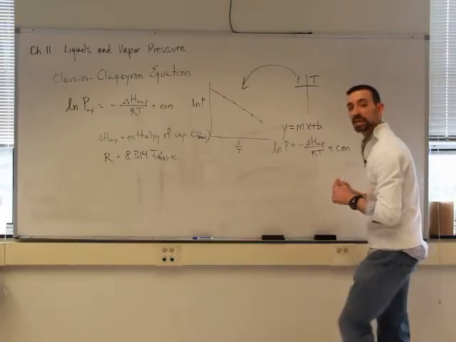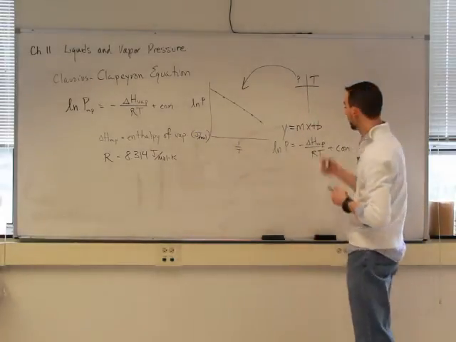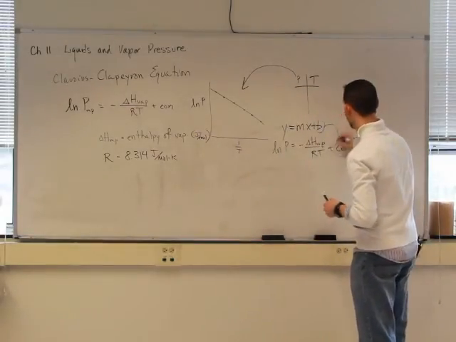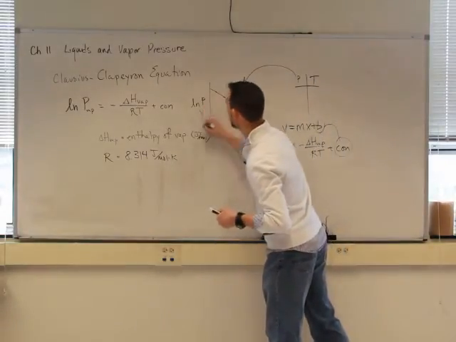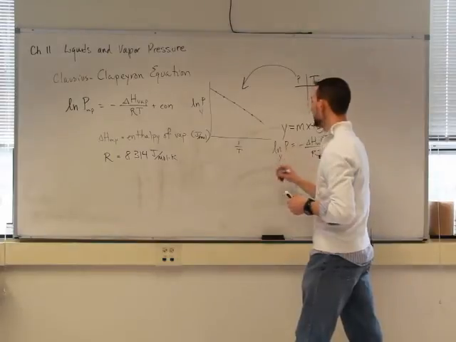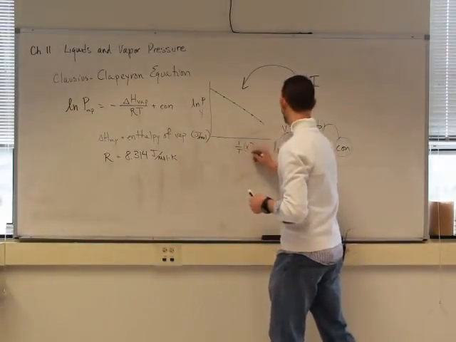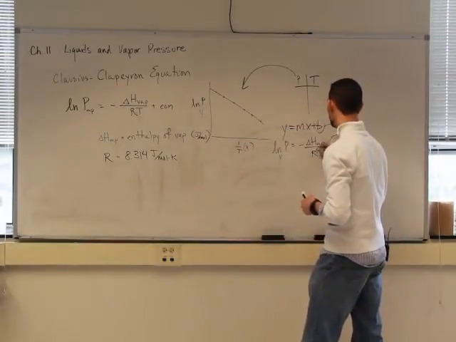Okay? The b, the least important part here, the constant, would be b. Okay? Our graph's y is ln of pressure. So that's our y. And then our graph's x is 1 over temperature that we see right here.